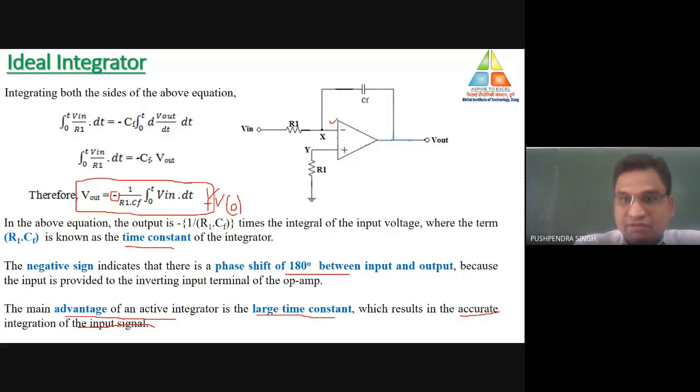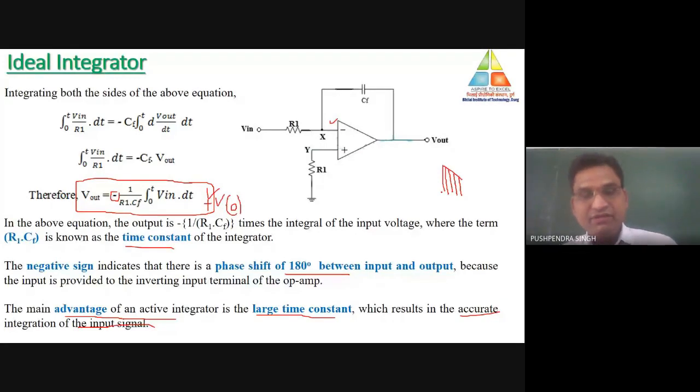Because if we want to integrate a particular signal, in general we divide it into several sub-intervals, and if the distance between the divisions is very small, then the integration would be accurate. The same thing we are getting here. So the time constant is very high in the integrator circuit. This is in general the output expression of the ideal integrator.